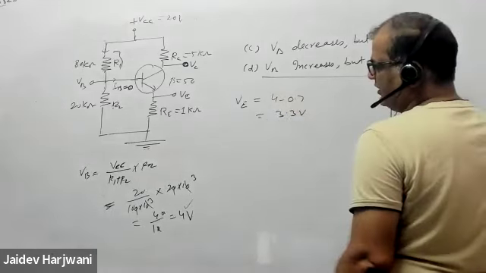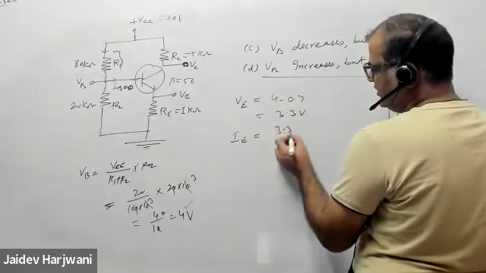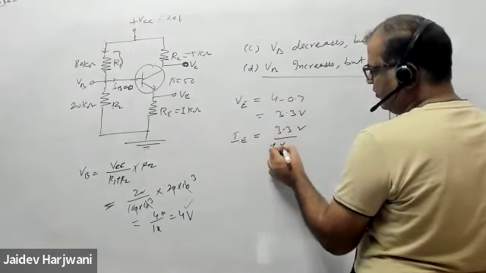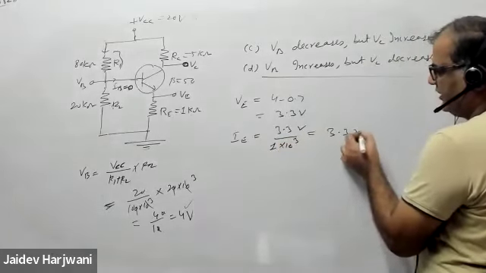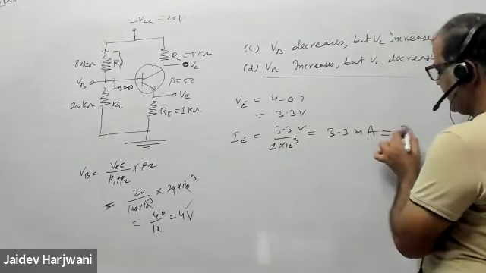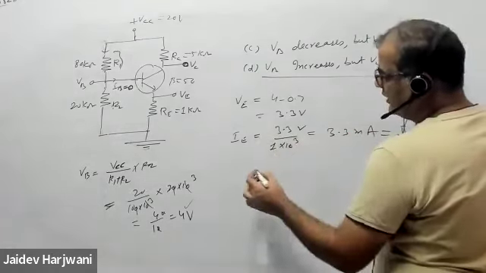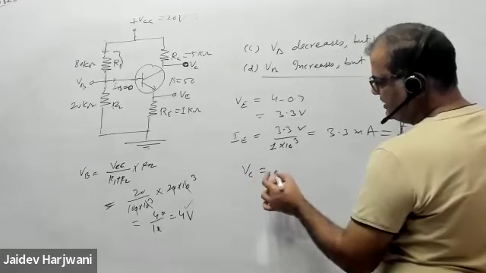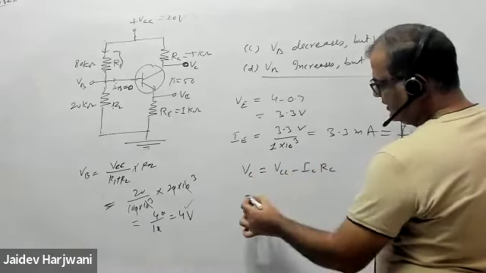Once you know VE, you can find IE: 3.3 volt divided by 1 kilo ohm comes out to 3.3 milliampere. I can take this as equal to IC. And once I know the IC value, I can find VC. VC is your VCC minus ICRC.